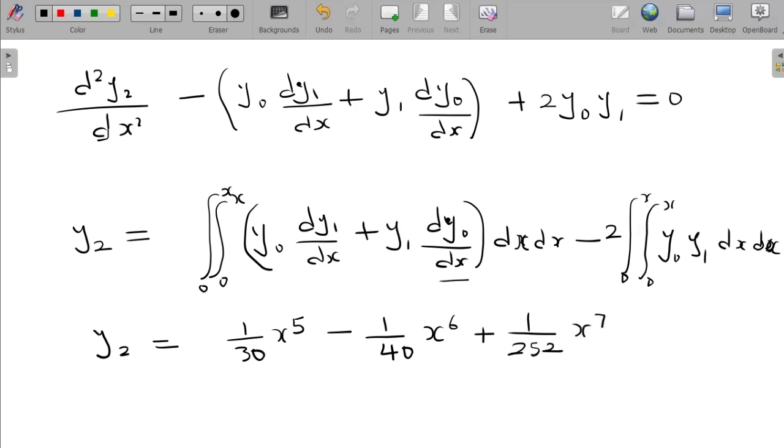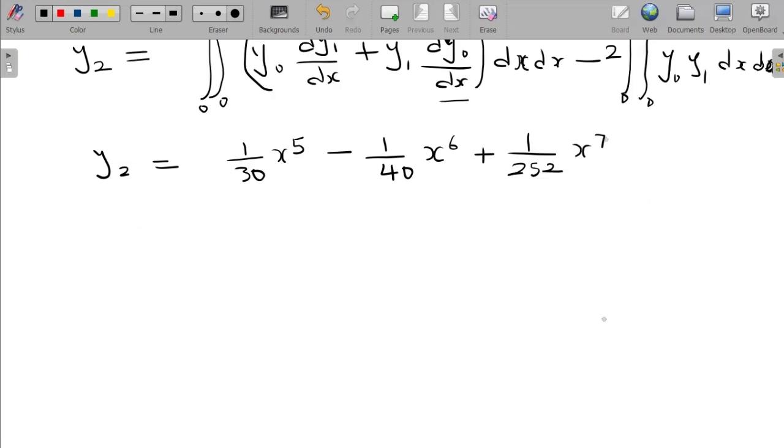So finally, we collect the terms together as y(x) equal to y0 plus y1 plus y2.